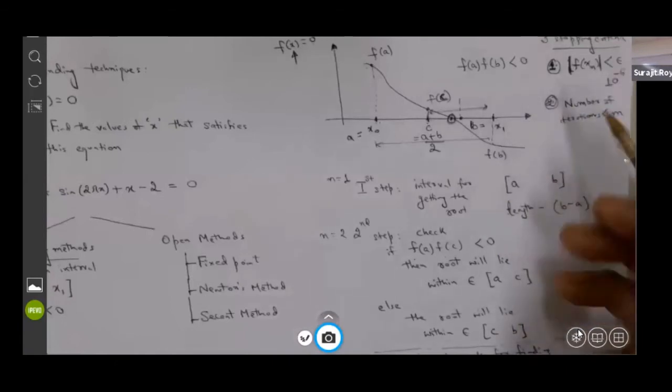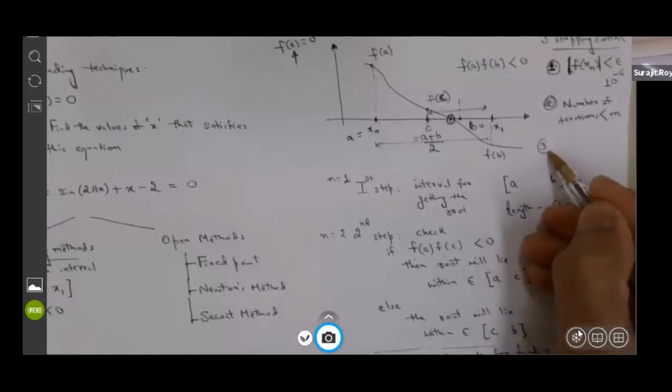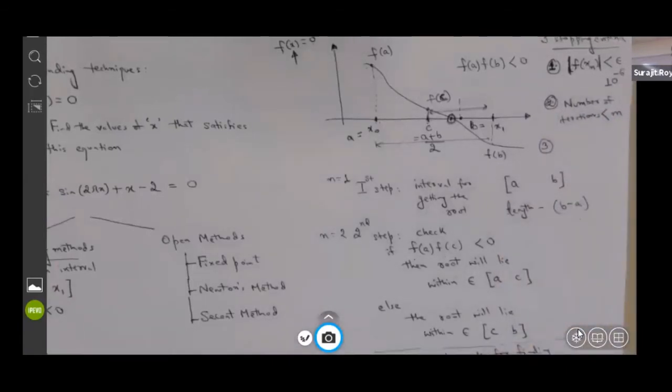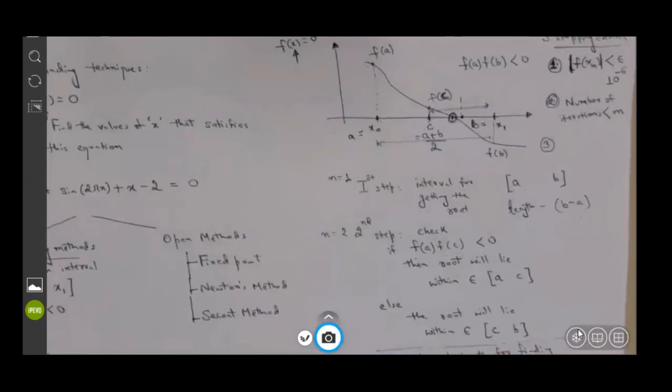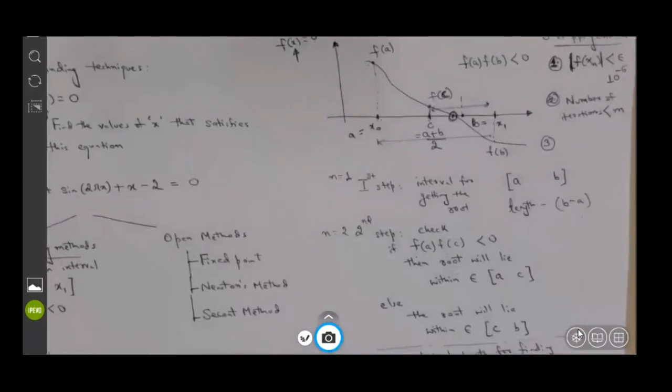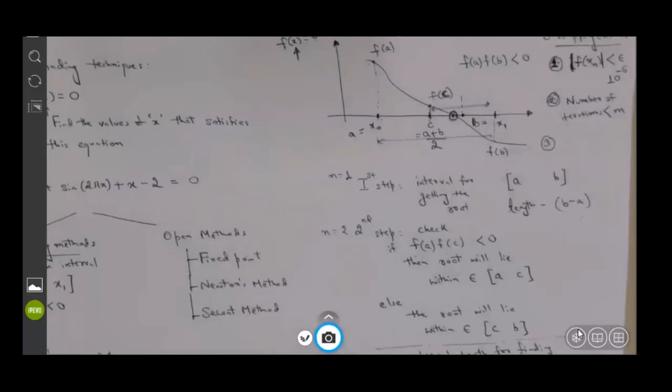What will be the third criterion? We can check the interval and decide how many n steps it takes to get to a very small half interval, and by that you can predetermine how many steps you need to get to that point.